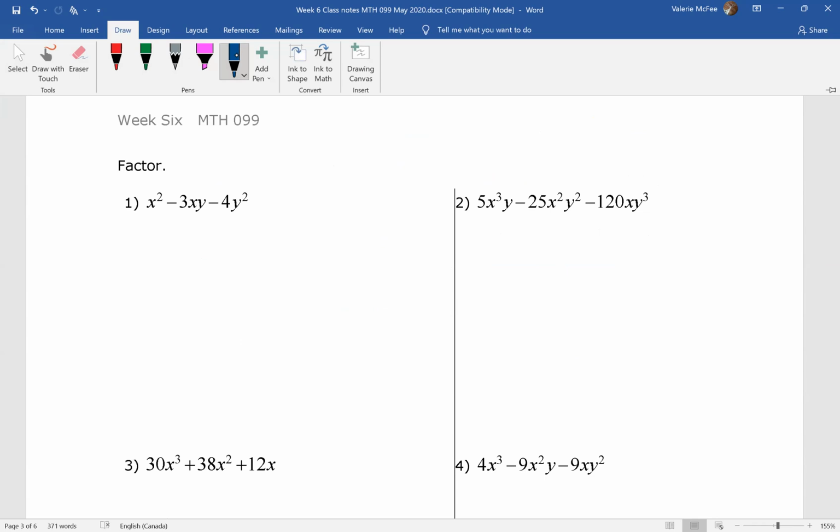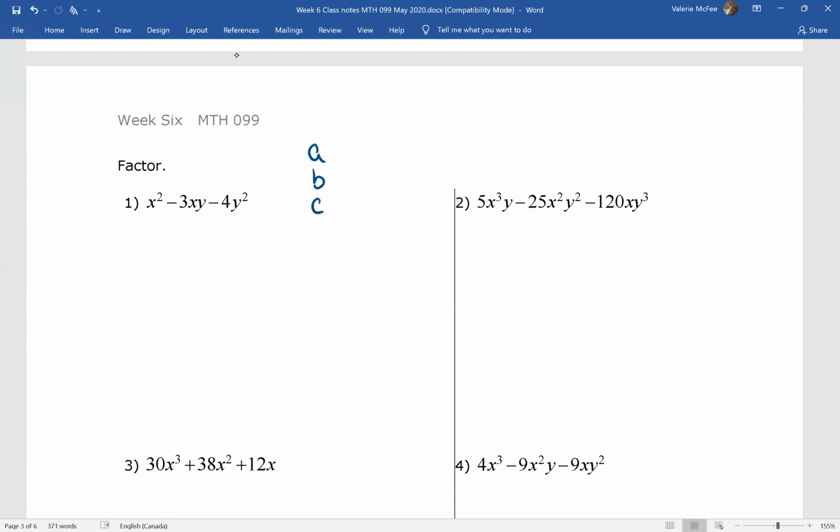We still want to find a, b, and c. 1, -3 and -4. Two numbers that multiply to equal a times c and add to equal b.